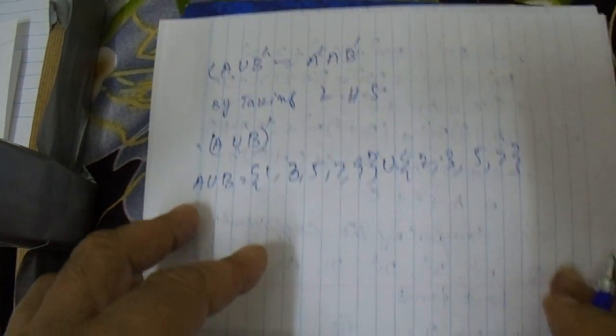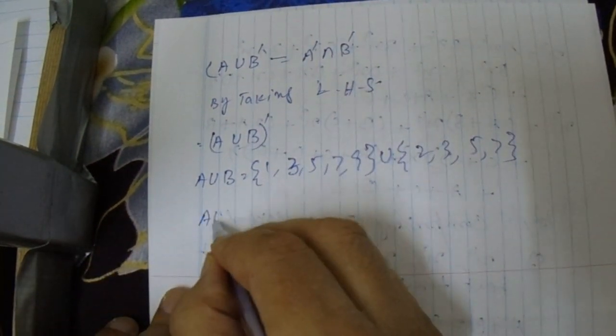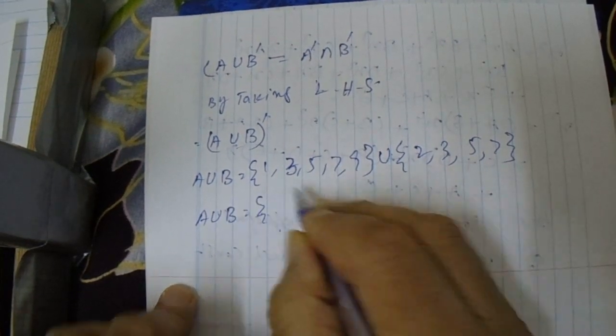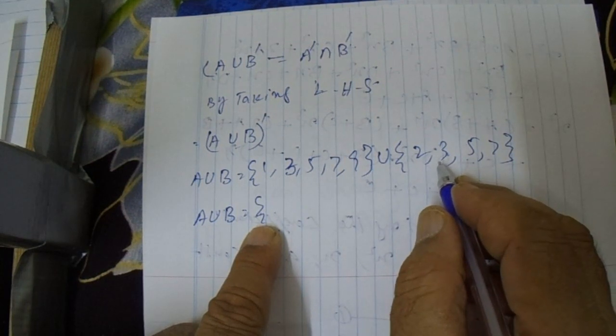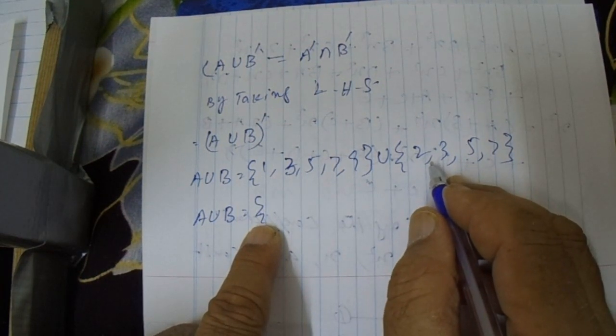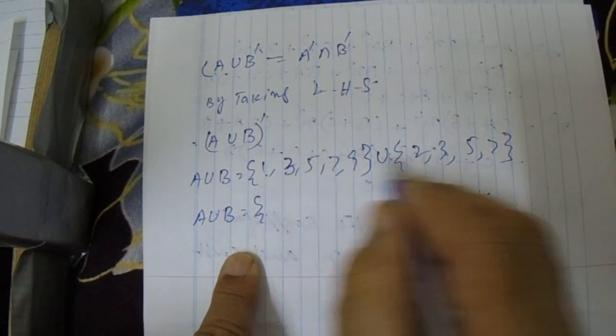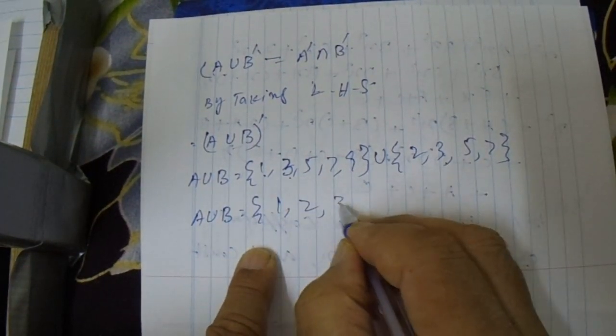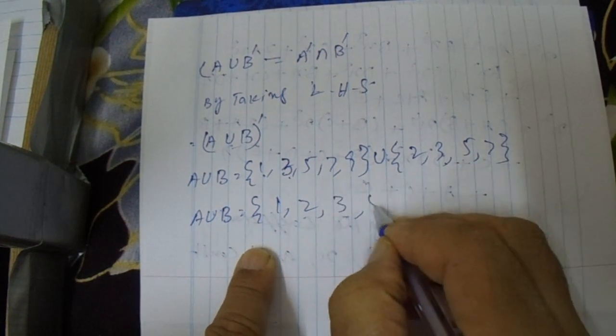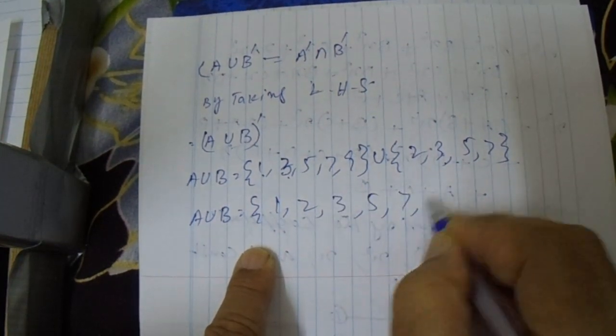Now we find the union of A and B. We will write all the elements which are present in A and B, and the common element we will write one time. Now this is 1, 2, 3 present here we write one time, 3, 5 and 7 and 9.